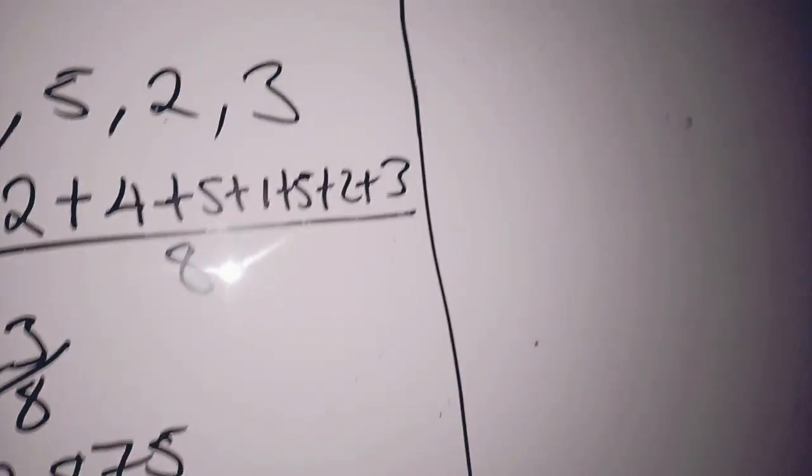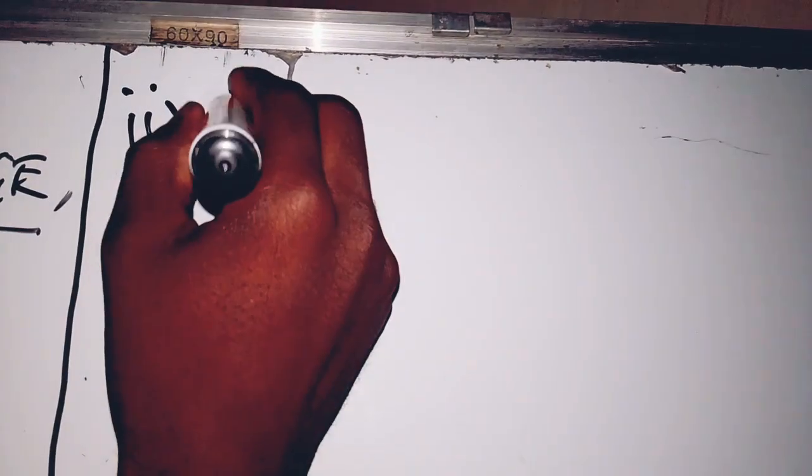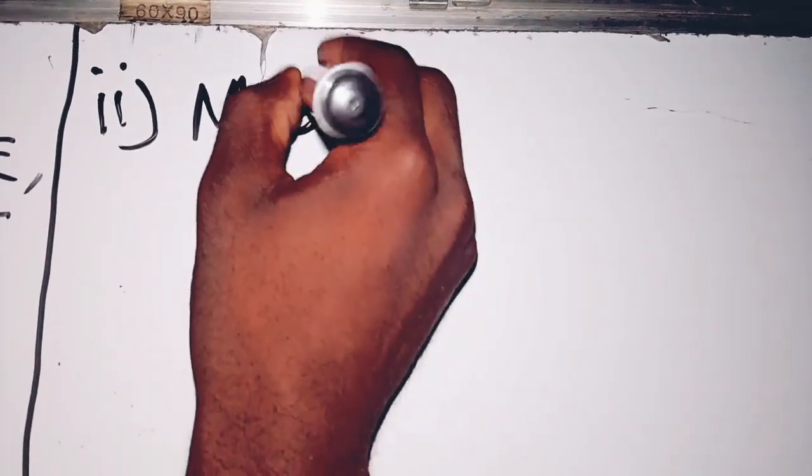So let's talk about the median. Under the median, we have to rearrange the numbers from the smallest to the highest. Let's arrange them in ascending order.